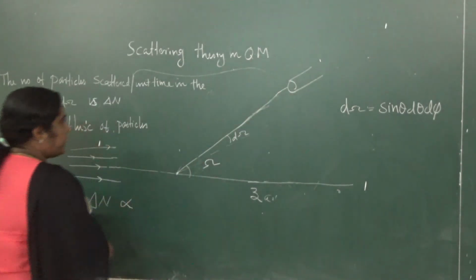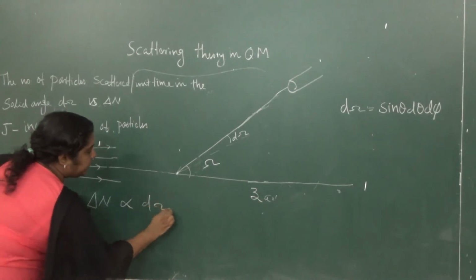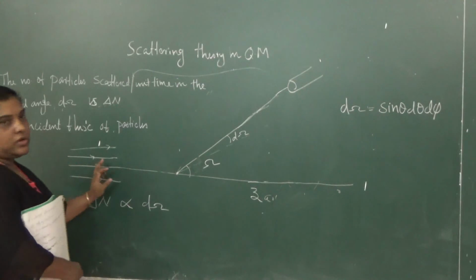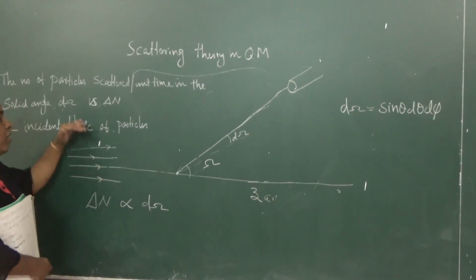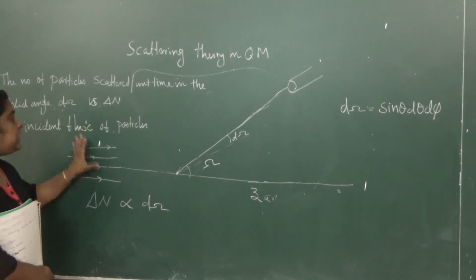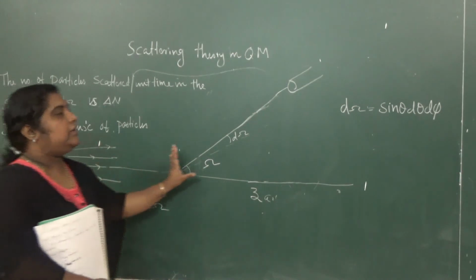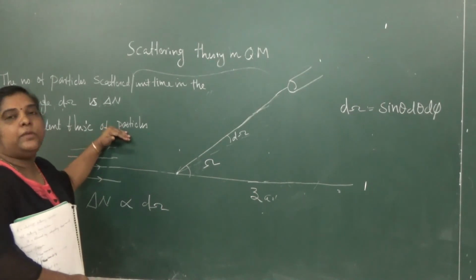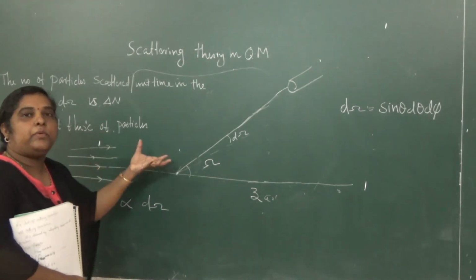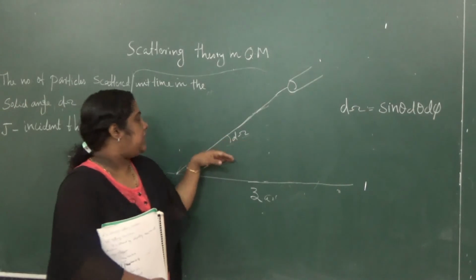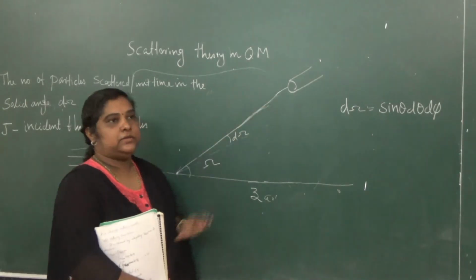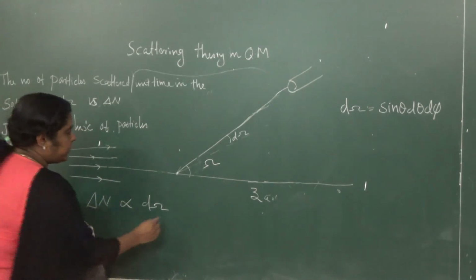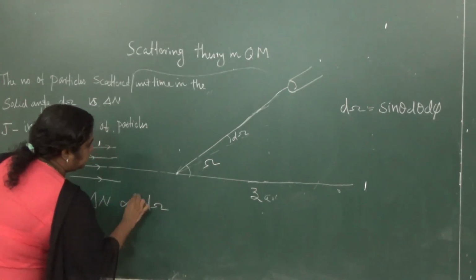Also, if you take more incident particles, the number of scattered particles will be proportional to the flux of the particles. If you take more particles, then more particles will be scattered. So it is proportional to J also.